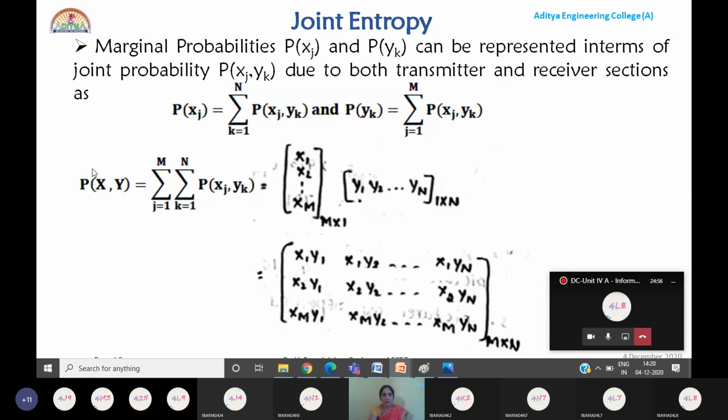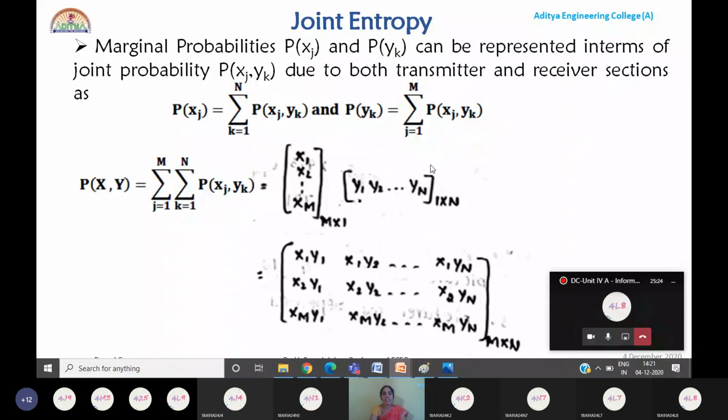Joint probability is generally represented as P of XY, where j ranges from 1 to m, k ranges from 1 to n, P of xj yk. Already I told you that X, if you observe, is a single column vector, m by 1, having m number of rows.